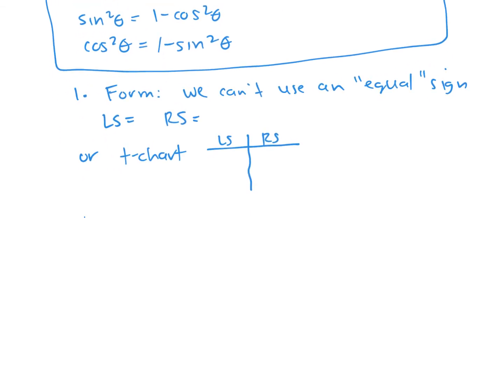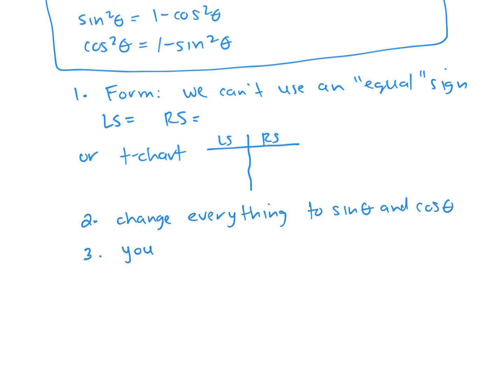What else? We want to change everything to sine and cosine, if they're not already in sine or cosine. So that's a strategy that we can use initially. We look at both sides, and if it's not in sine or cosine, we change it using these identities we have at the top. You can work down either side, or both.